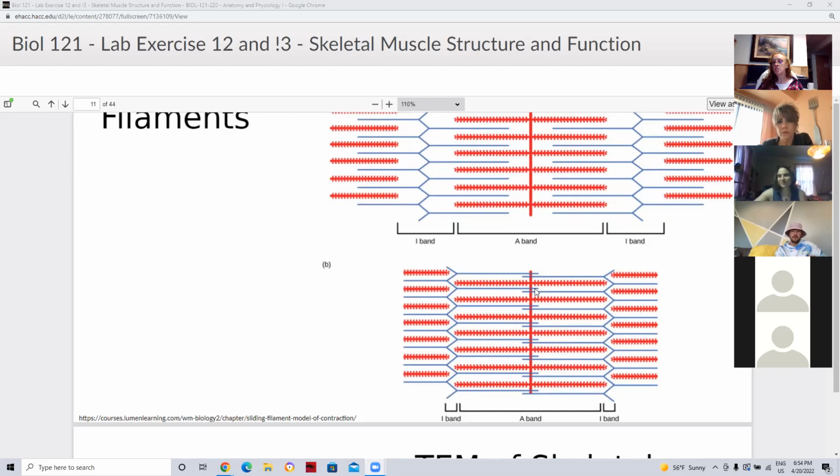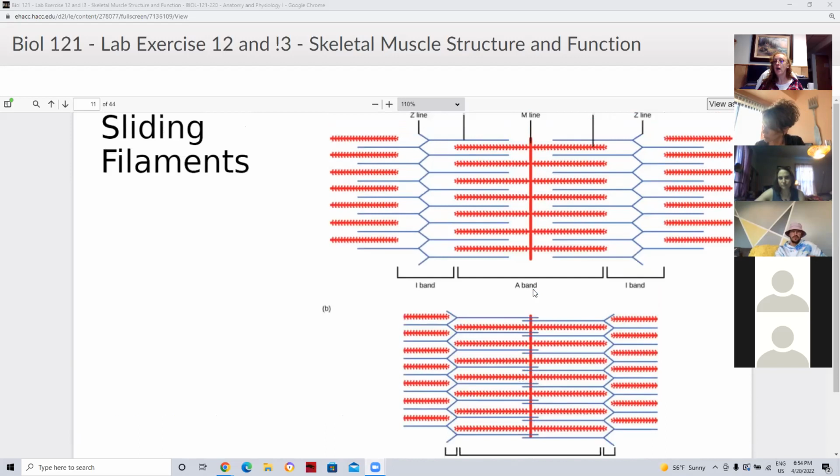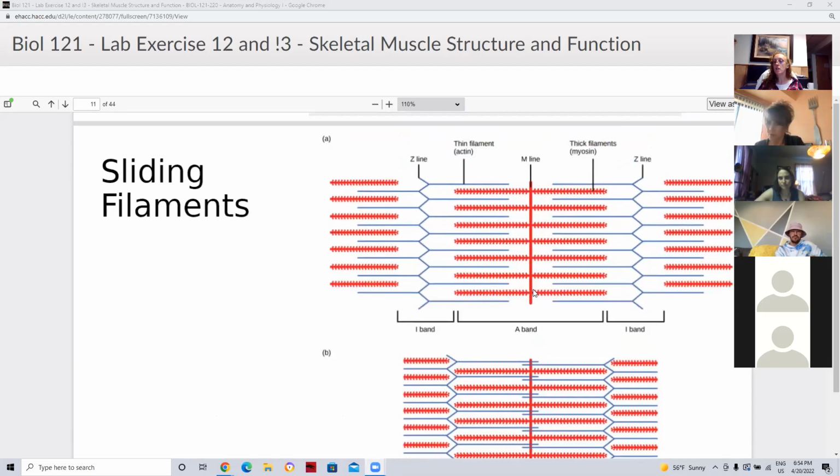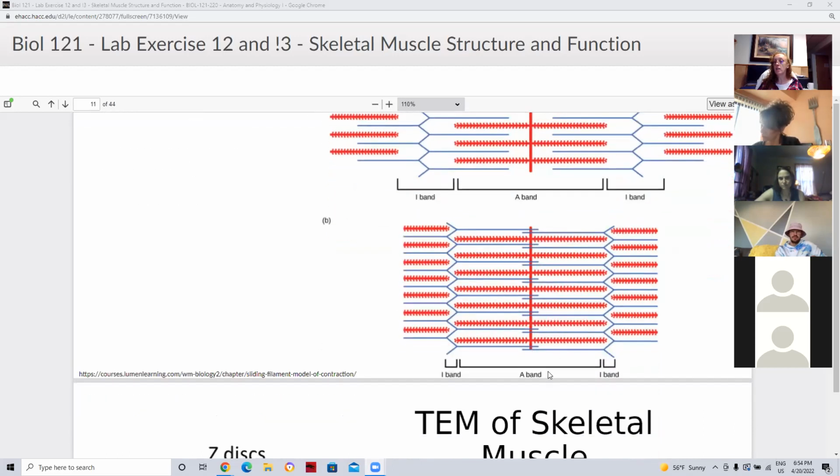What bands disappear when the muscle's contracted? What bands become smaller? Does the A band become smaller when the muscle contracts? It does. Is it... this is when it's contracted, this is when it's relaxed.